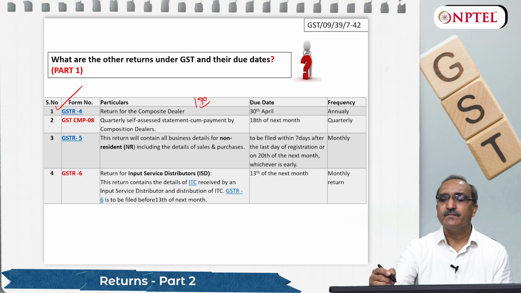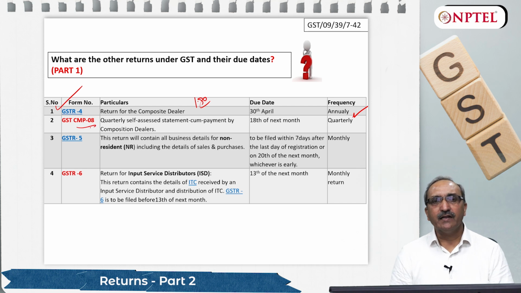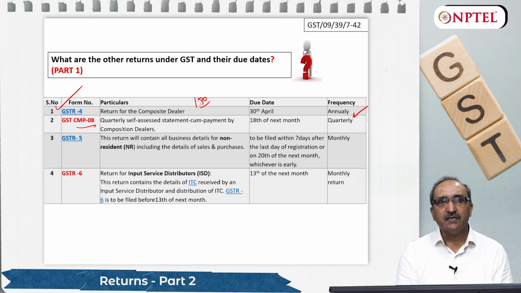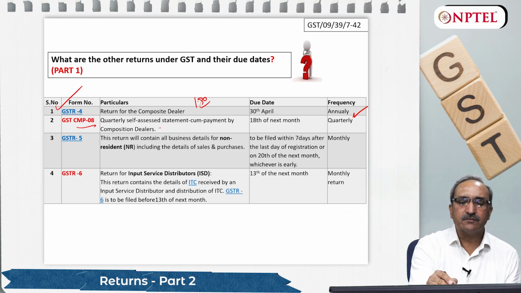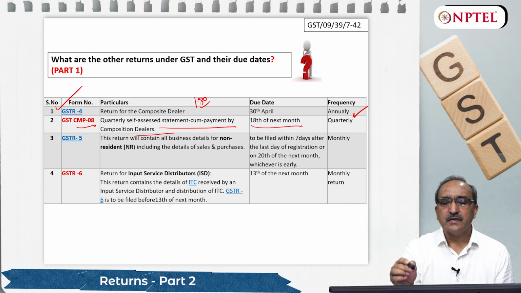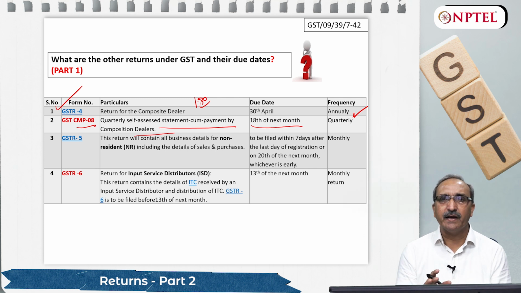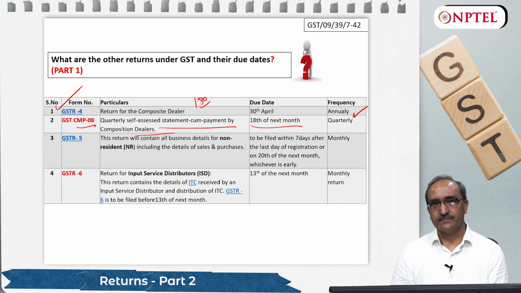And he will file an annual return also. He will file the quarterly return, as I told you, in form GST CMP-08, declaring his tax liability, by 18th of the next month after close of the quarter. So this man has to file 2 returns in a year.